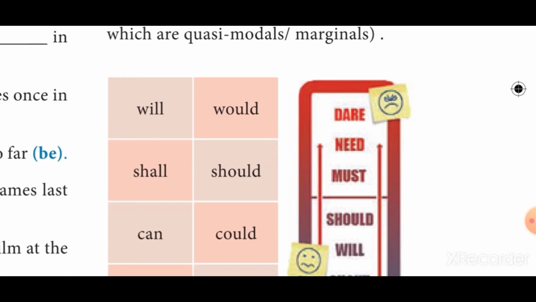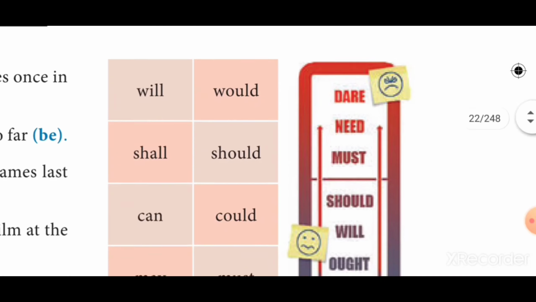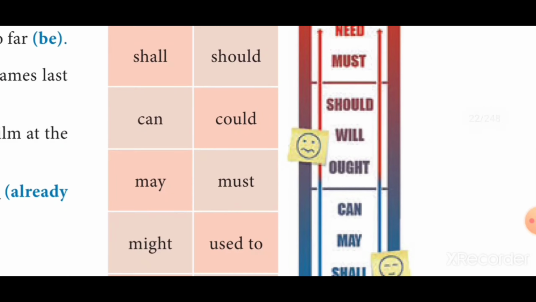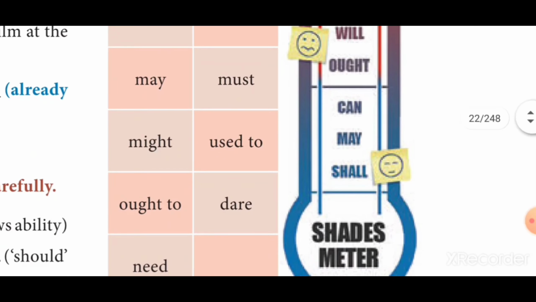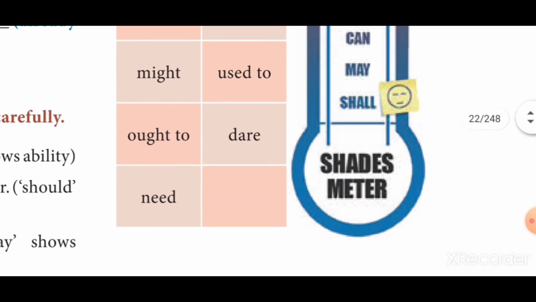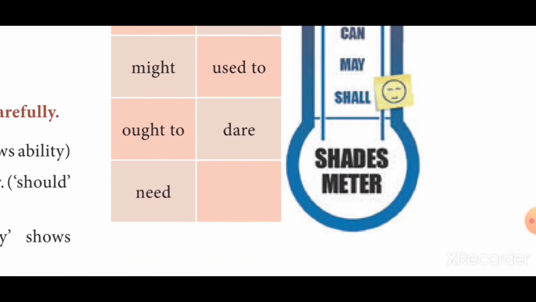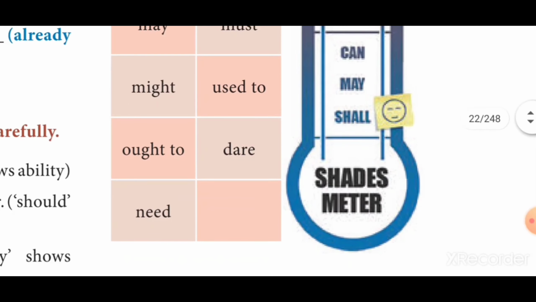Then shall on the left, and should against it. Then can and could, may, must, might, used to, ought to, dare and need. And we find a shades meter on the right of this.